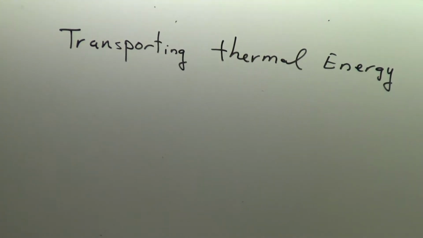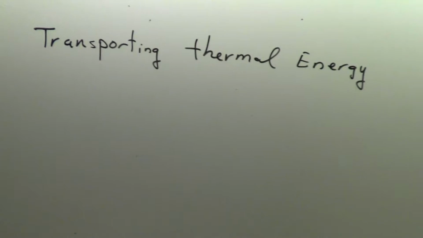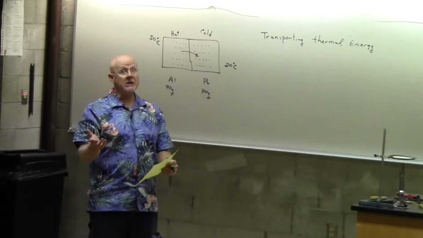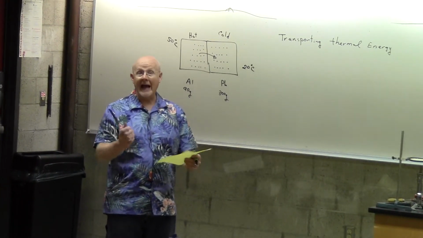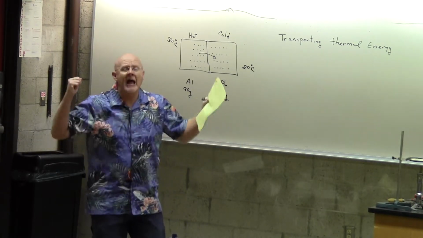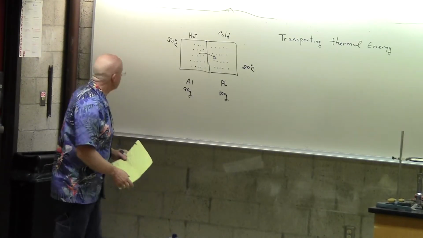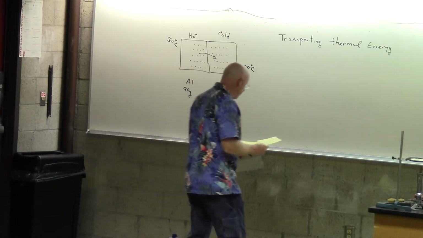In other words, we know the final temperature is going to be 40.3 degrees Celsius, but will it be that in 1 minute, 1 second, 1 hour, 1 day, 1 week, 1 month, 1 year? I mean, how long will it take? And that's the last part of this chapter.